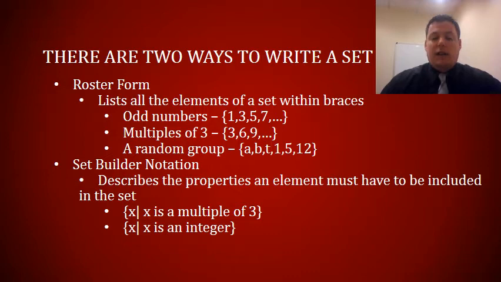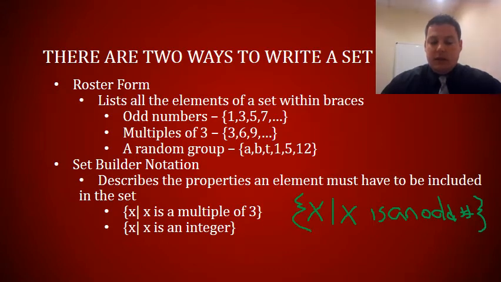However, a lot of times you'll have something like this. This reads as x such that, the line up and down means such that, x is a multiple of 3, or x is an odd number. So it puts properties on all of those elements.